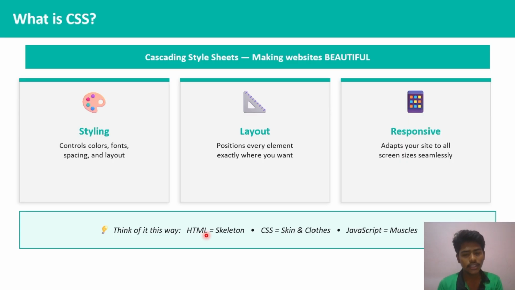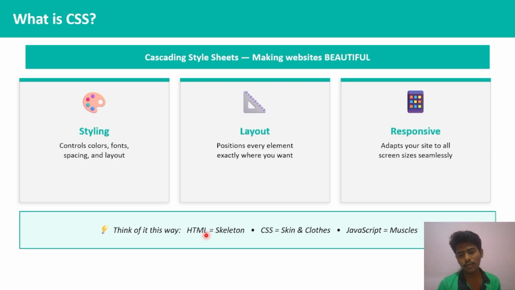If only the skeleton is there and CSS is not added to the HTML, you can see that the web page does not look attractive. Most clients prefer more attractive colors.